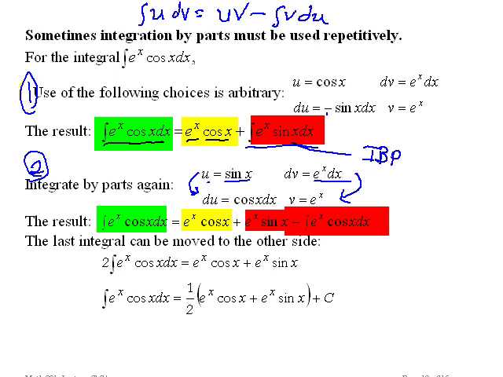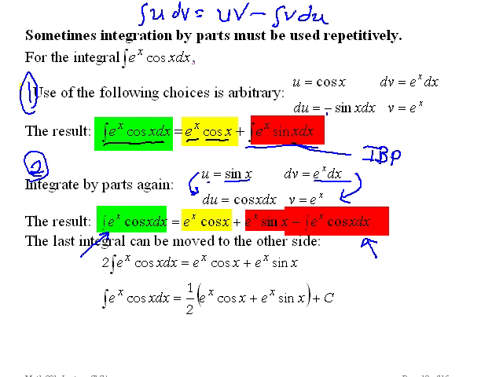All right, now, look at this. This is a special case. You see, here I end up with minus e to the x cosine x dx. Let me get the pen. See this term? And note its similarity to the term on the other side. Okay, so I can combine them.